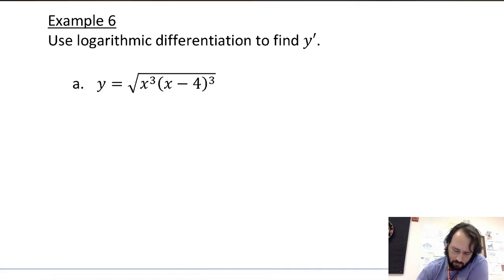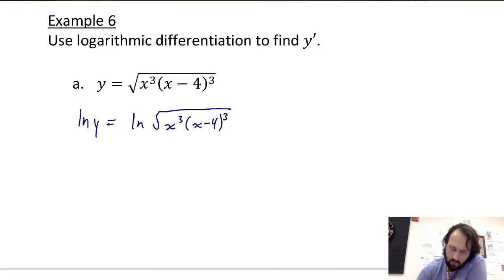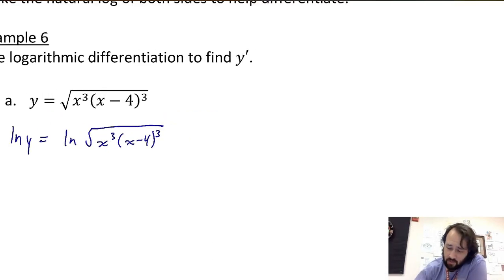So if I take the log of both sides, and especially if we remember properties of logs, that's where the big thing is going to come in, right? Just to remind you guys, ln of a times b is the same thing as ln of a plus ln of b.